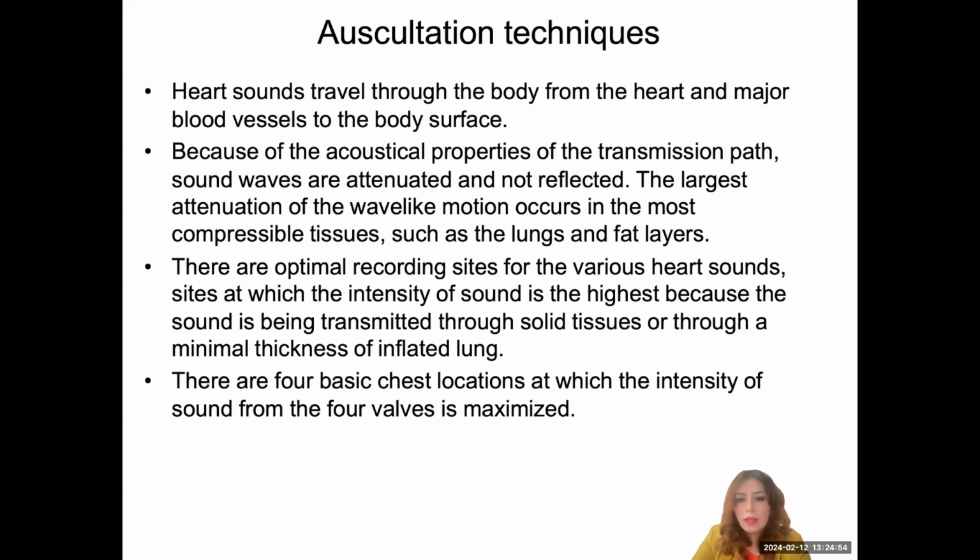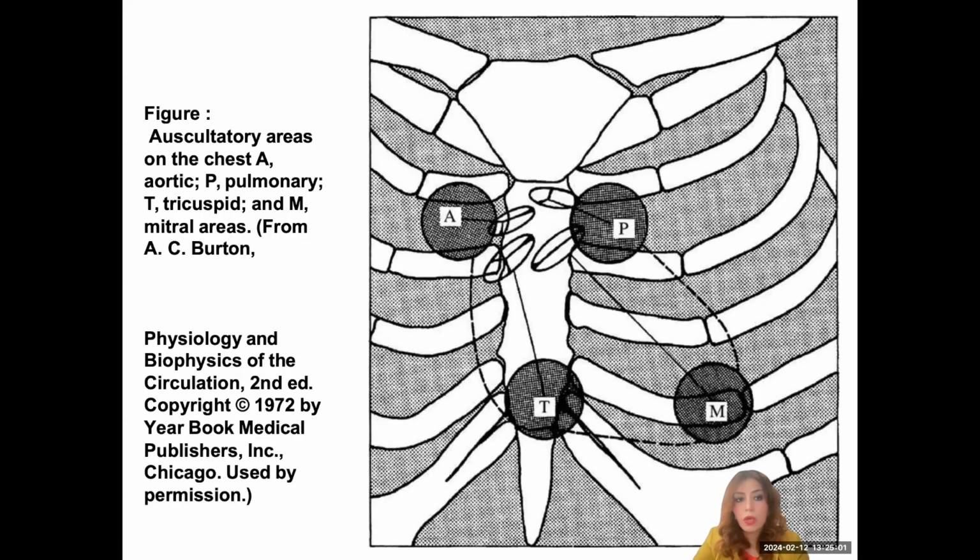So we can say, according to the properties of sound and of tissues, there are 4 basic chest locations at which the intensity of sound from the 4 valves is maximized. Okay, so 4 important points. They are auscultatory areas. These areas on the chest: A is aortic, P is pulmonary, T is tricuspid, and the last one, M, is mitral areas.